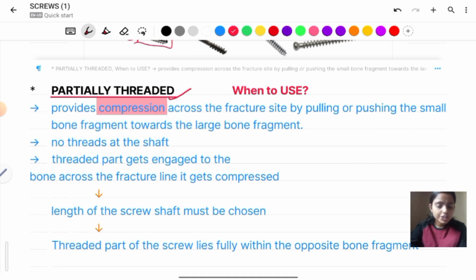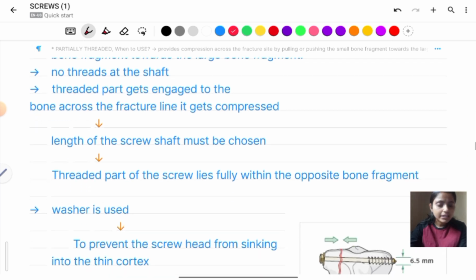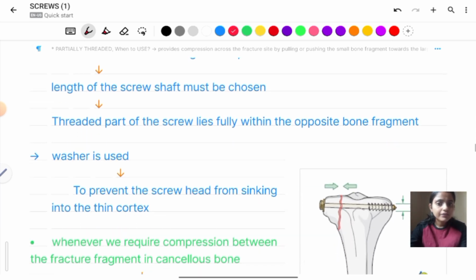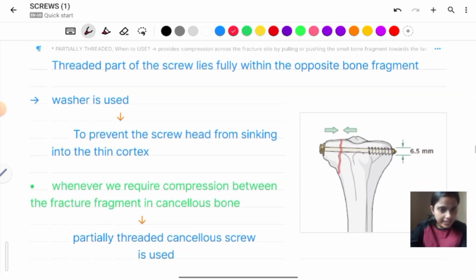The length of the screw must be chosen so that the threaded part of the screw lies fully within the opposite bone fragment. Here we can see that this is the threaded part, and this threaded part should lie fully within the opposite bone fragment, and this is the shaft. This is the partially threaded screw, and this is the non-threaded shaft, and the washer is used to prevent sinking of the head into the bone.